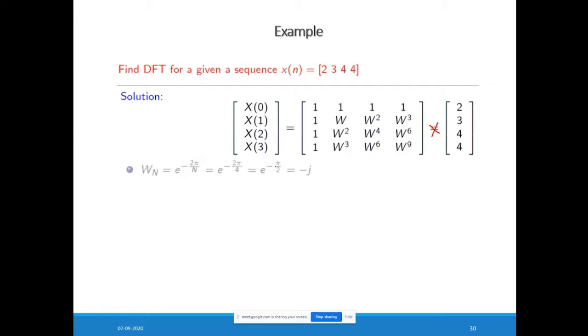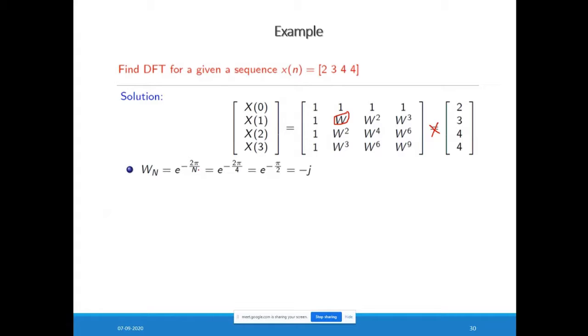Now we have to apply our properties to simplify and find the values of this. First, omega n means this value. What about this value? If I take omega n raised to 1, it represents e raised to minus j 2 pi by n.